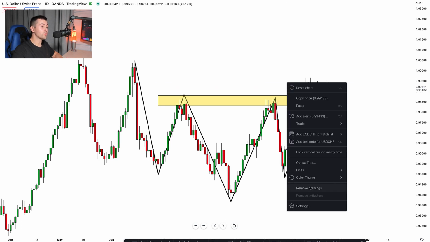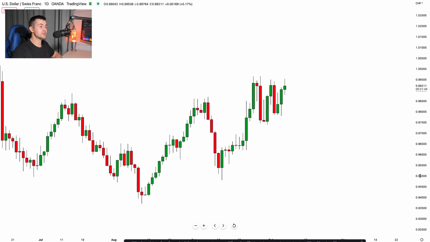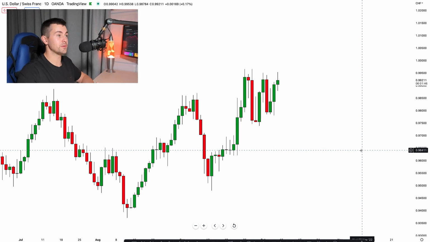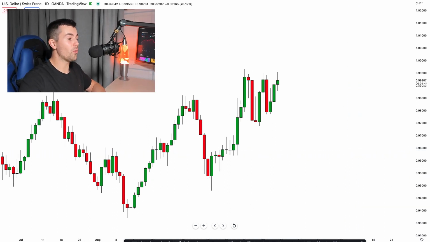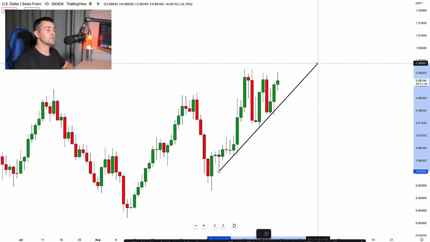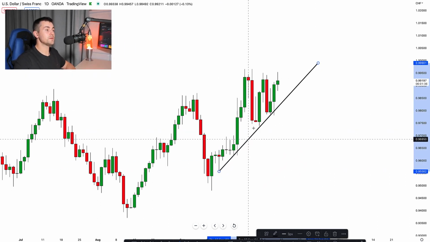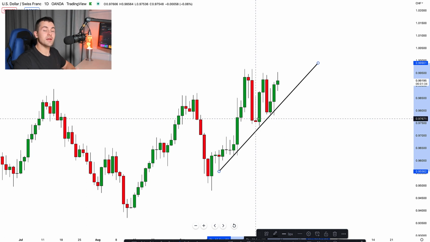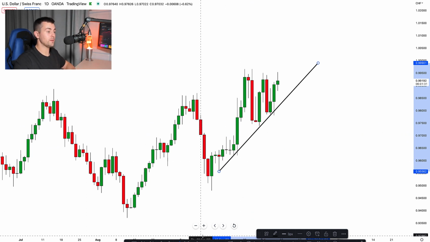But moreover, if we analyze just the recent price action, here I see the signs of a so-called bullish accumulation. Take a look. Here we have this very nice rising trend line, and you can see that the price sets higher lows respecting that trend line.